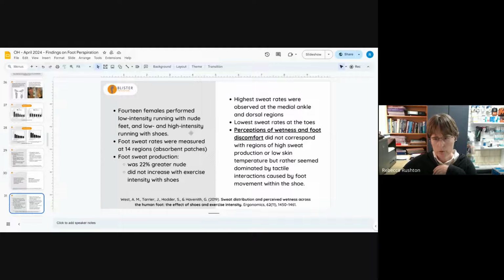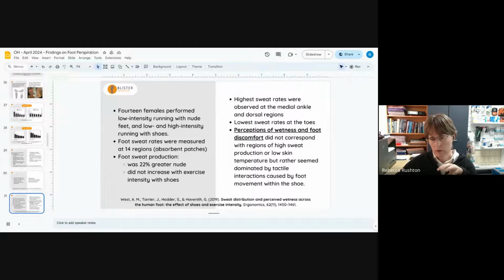High sweat rates were observed at the medial ankle and dorsal regions. So we've got the same info here. Lowest sweat rates were at the toes. And interestingly, the perceptions of wetness and foot discomfort did not correspond with regions of high sweat production or low skin temperature.